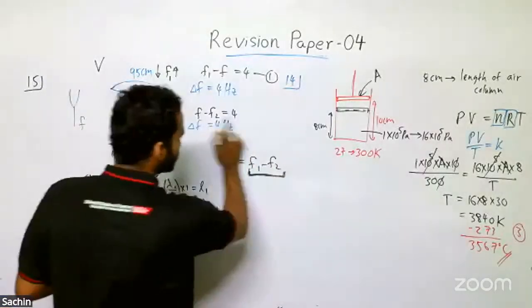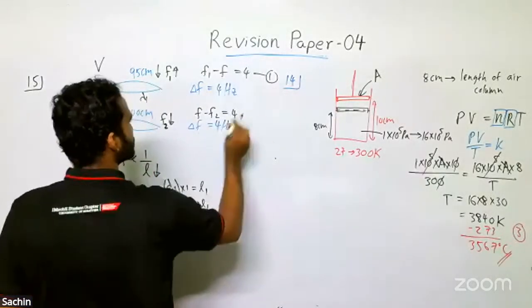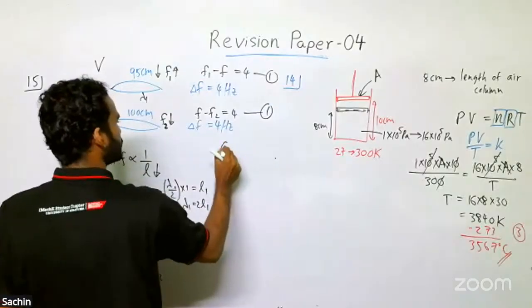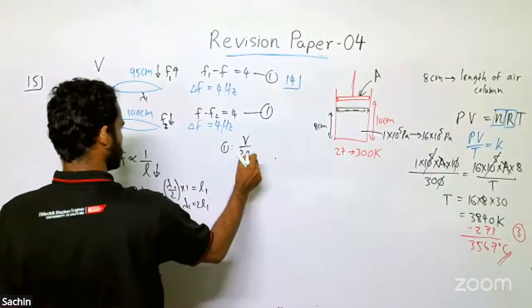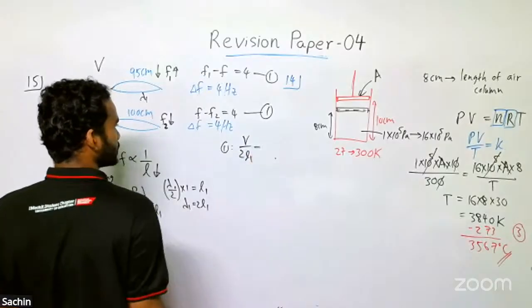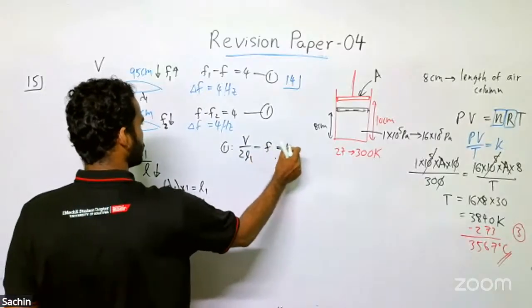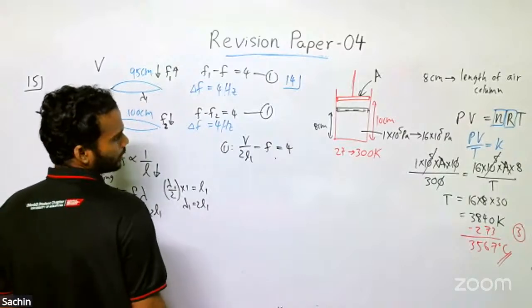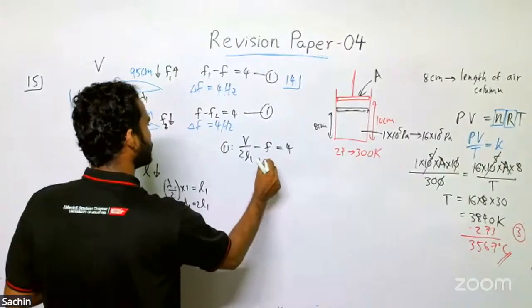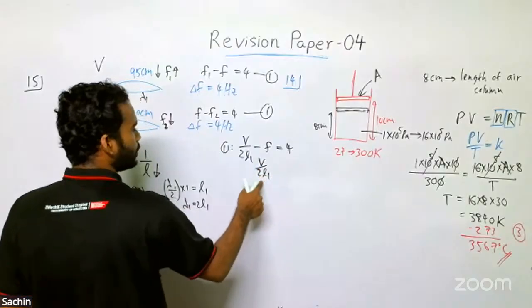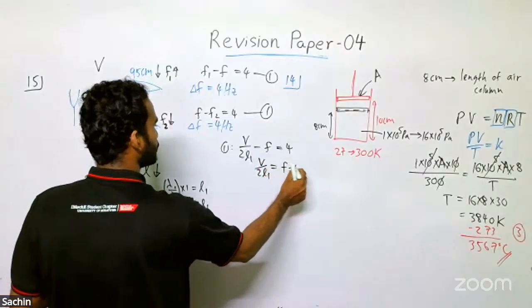So I'm just applying for the first and second cases. From the first one, I get f1 minus f is equal to 4, that is v over 2L1 minus f is equal to 4. Or maybe we can rearrange like this: v over 2L1 is equal to f plus 4.